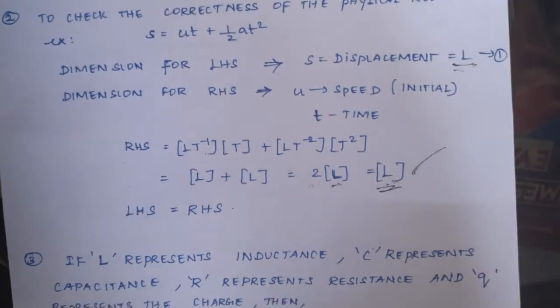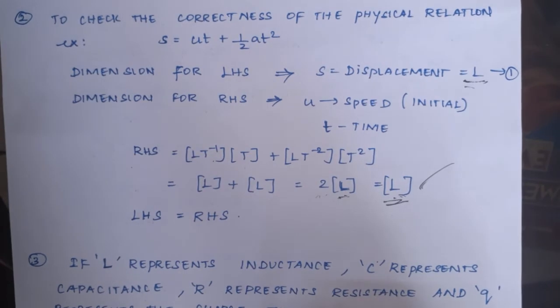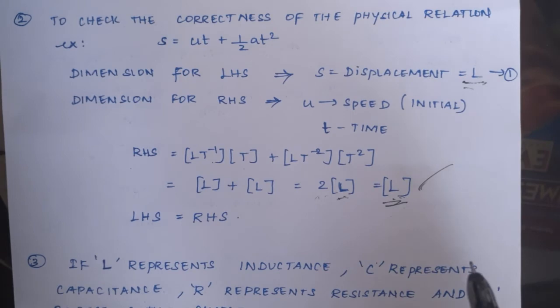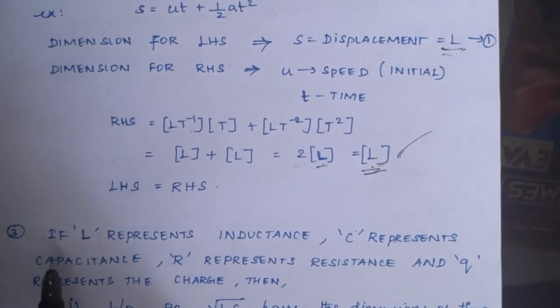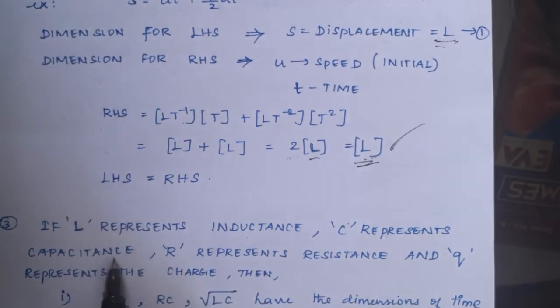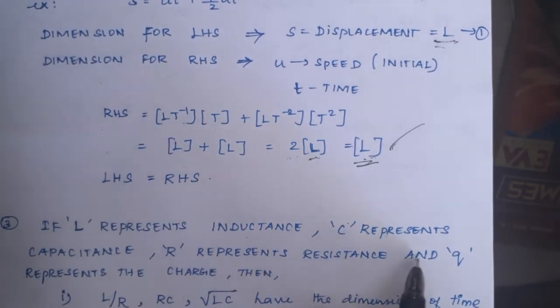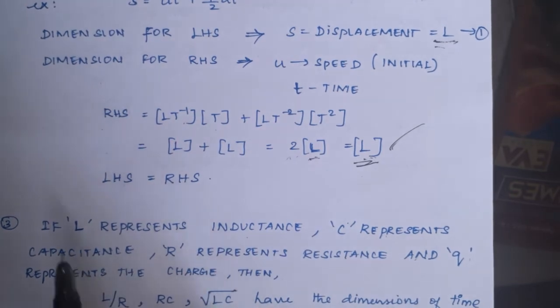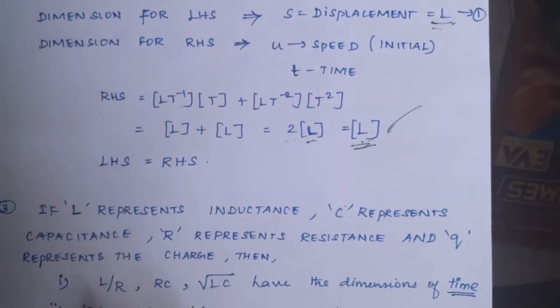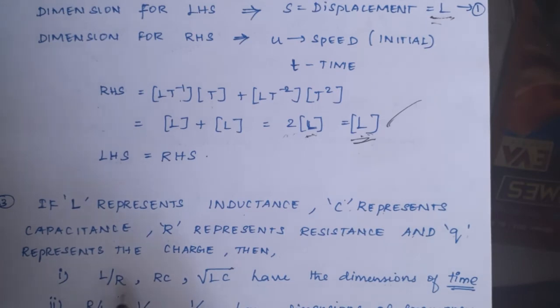Now we will go for the various relations which have equal or the same dimensions. We'll see one by one. If L represents inductance, C represents capacitance, R represents resistance, and Q represents the charge, then the ratio L by R, the product RC and the product square root LC all have the same dimension of time.